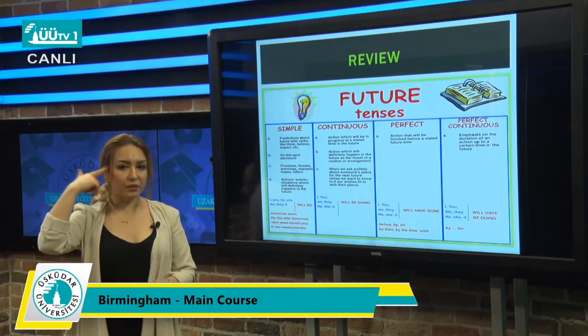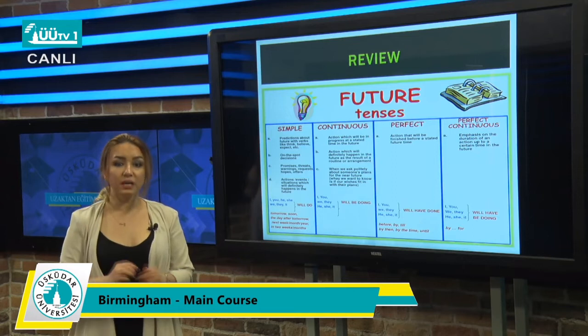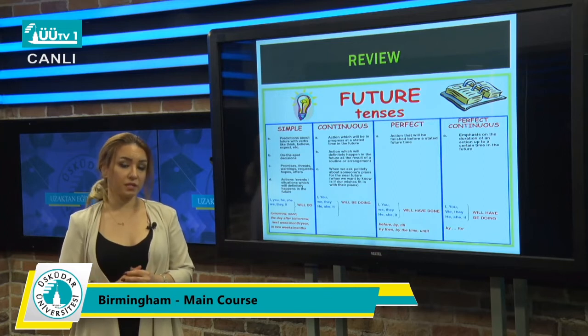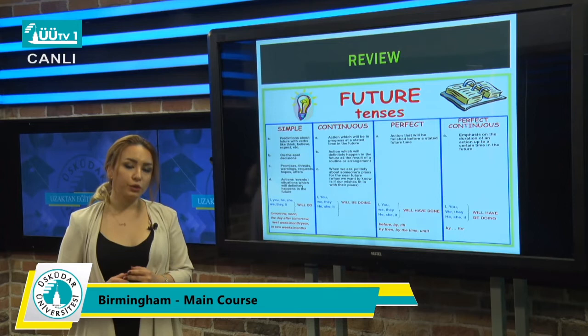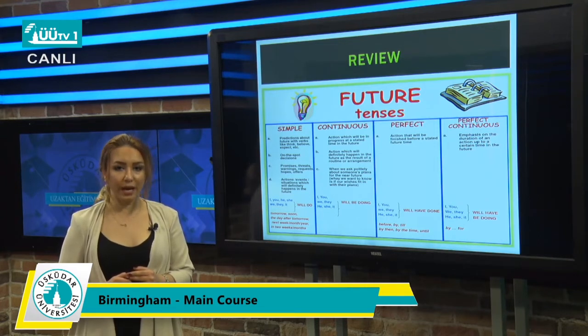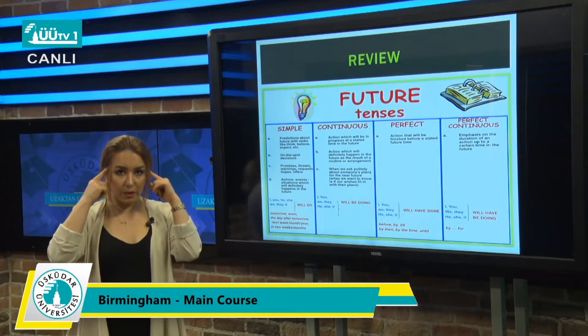This is an idea in my mind, but I'm sure this will happen. So what tense do I use instead of will? I use I am going to travel to Bursa. I am going to, which means that I have a decision and 100% it will happen in future, and I know about that and I have planned for that, but it is just in my mind.